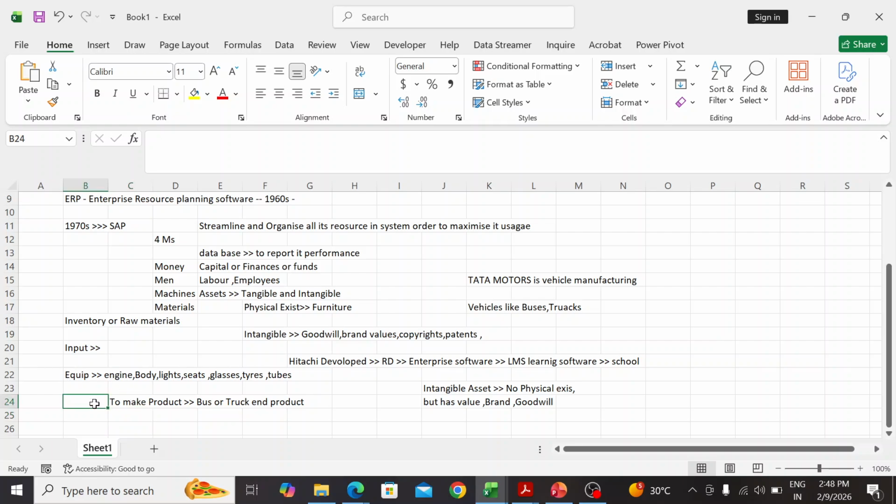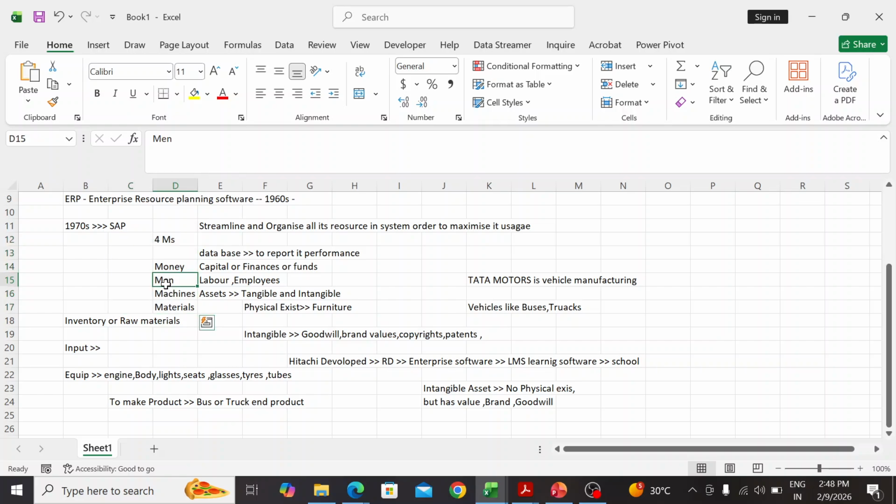So what I am trying to make you understand here is, whenever any enterprise engages in any activity, whether it is manufacturing, software business, or export or import business, they will deal with all these four M's.